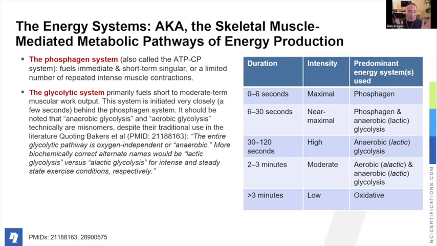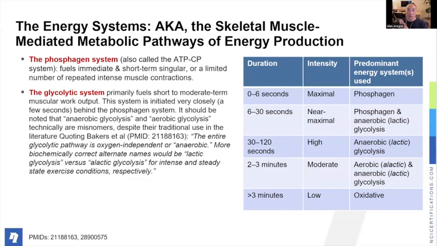I'll quote a review by Baker and colleagues explaining why. The entire glycolytic pathway is oxygen independent or anaerobic. More biochemically correct alternate names would be lactic glycolysis versus alactic glycolysis for intense and steady state exercise conditions, respectively.